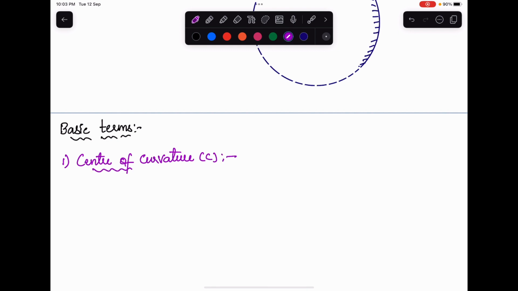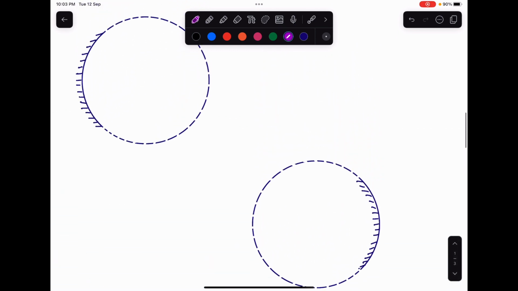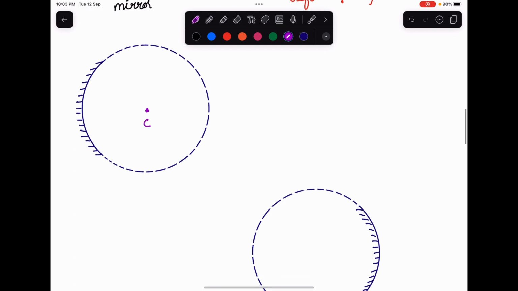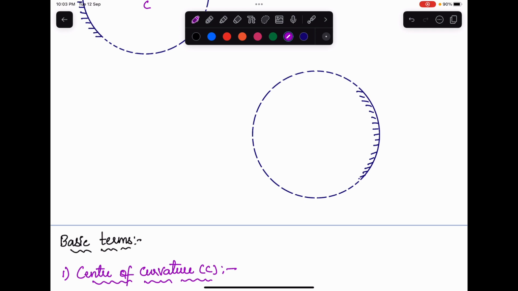So how to define this center of curvature? See, listen, in both of these diagrams, I can just say that there is a big sphere. From that sphere only you have taken this spherical mirror out, right? So if I can just have a center for this sphere, the glass sphere, and over here similarly this one also has some center, and that you can call the center of this sphere.